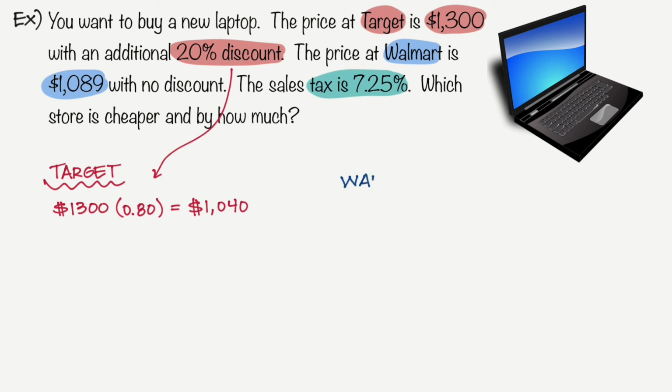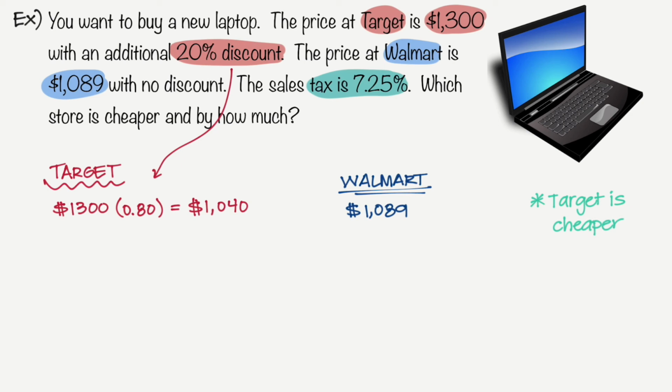So that would be its sales price before the tax. Whereas Walmart, we're already given, its price tag is going to be $1,089. So I can already answer half of my question. Which store is cheaper? Obviously, Target is going to be cheaper, even before taxes. I know it's going to be cheaper.